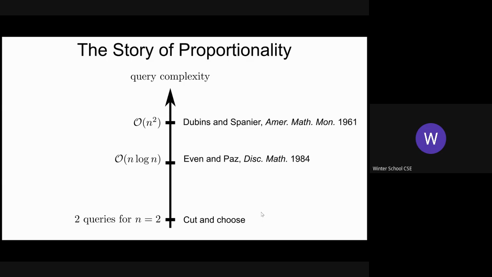The hint is that it uses recursion. Interestingly, this is tight. There exist instances of the cake cutting problem where any proportional division algorithm will take n log n many queries. So n log n is the right number when it comes to proportionality.